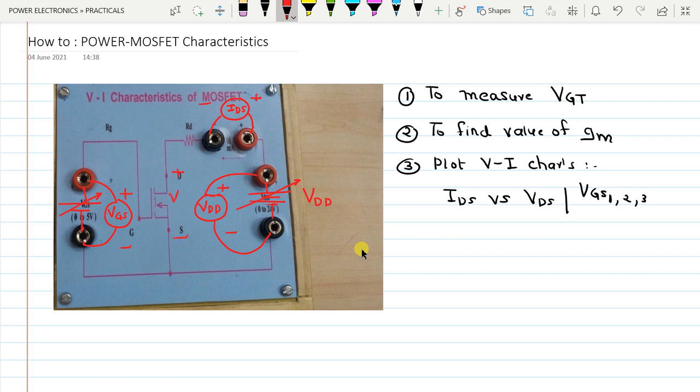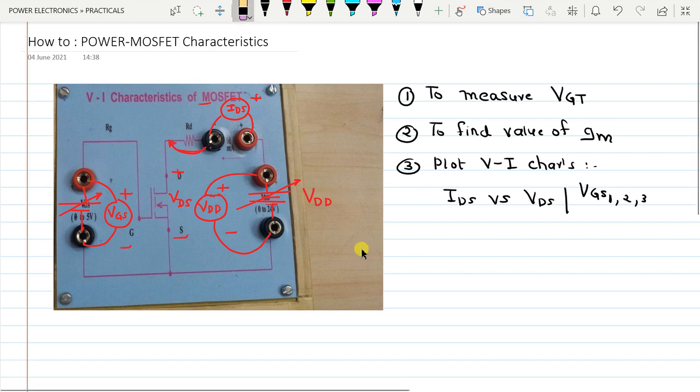This is our VDS voltage, and since there is no socket provided to connect to the drain terminal, in this kit we cannot measure the VDS by connecting a voltmeter between drain and source terminals. Only if this socket would have been here, then by connecting a voltmeter between this socket and this socket we could have measured VDS directly, but that is not possible here.